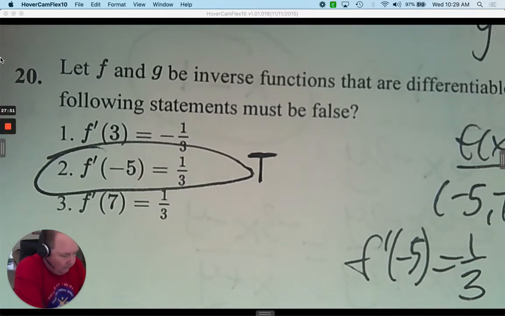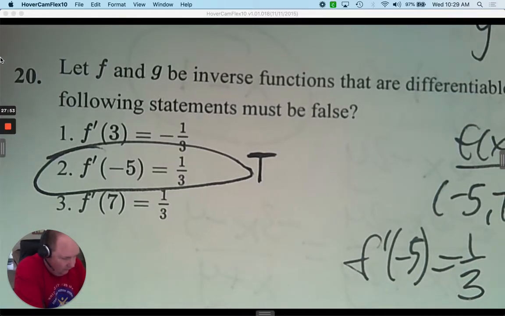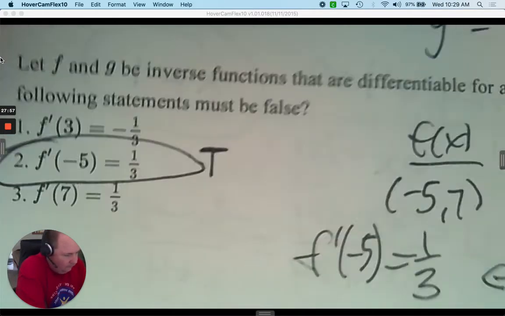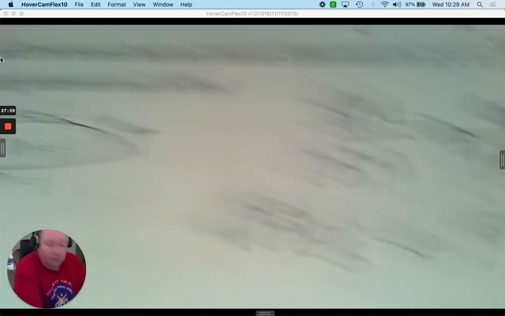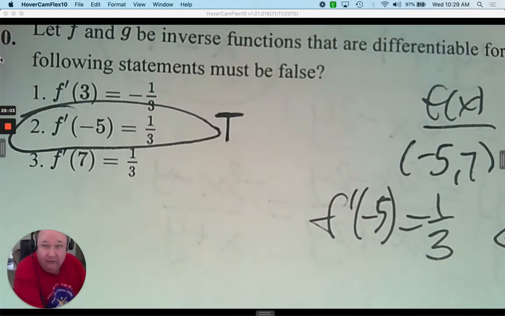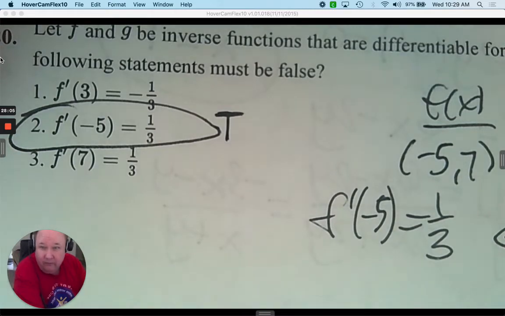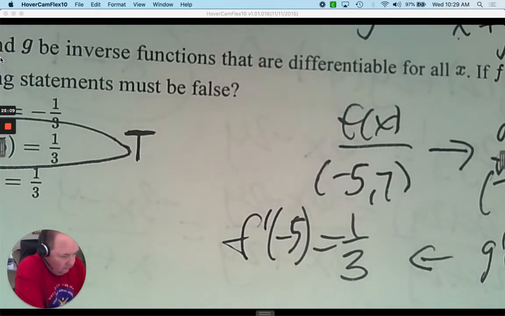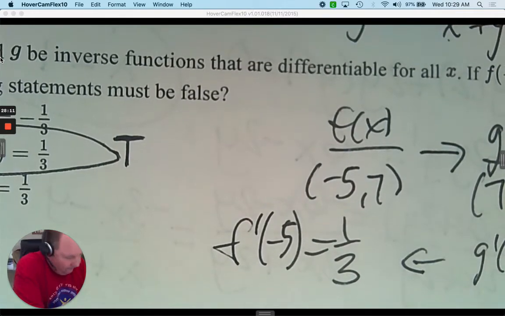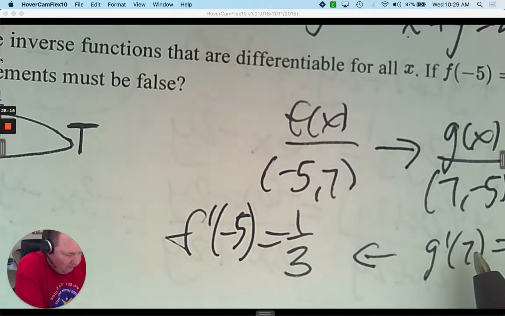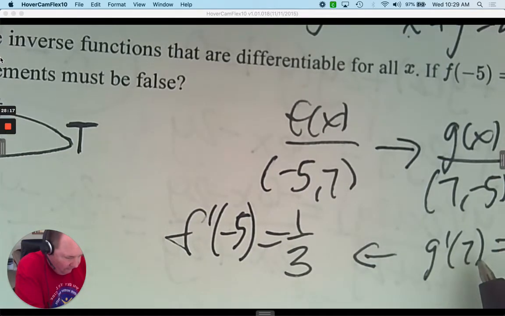And the derivative at 7 is 1/3. Which one must be false? So I know that 2 is true. The derivative at negative 5 is 1/3. So which one must be false of what's left over? Let me just double think through here again. Which one must be false of the two that are left?